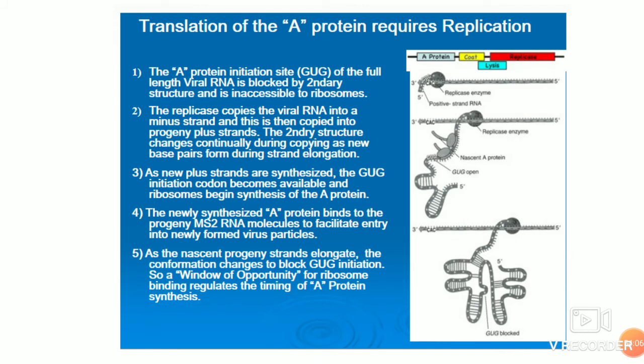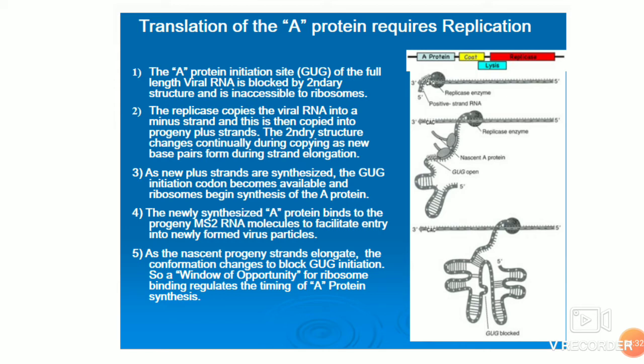Now the other important protein is the A protein, which has to be bound to the genome. So the A protein synthesis requires the replication. The A protein initiation site, GUG, of the full length viral RNA is blocked by the secondary structure and is inaccessible to the ribosome.